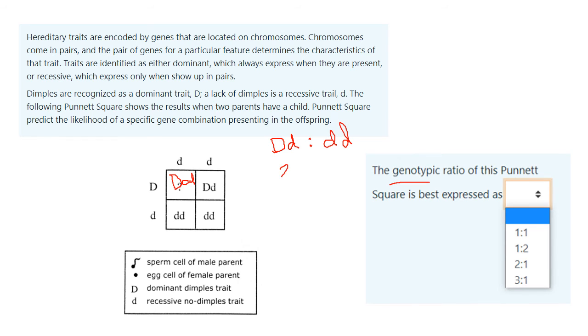We have two of those, and we have two of those. So that means that the genotypic ratio is 2 to 2. However, we like to simplify in both mathematics and science, so we would simplify that to 1 to 1. So the correct answer is the first option.